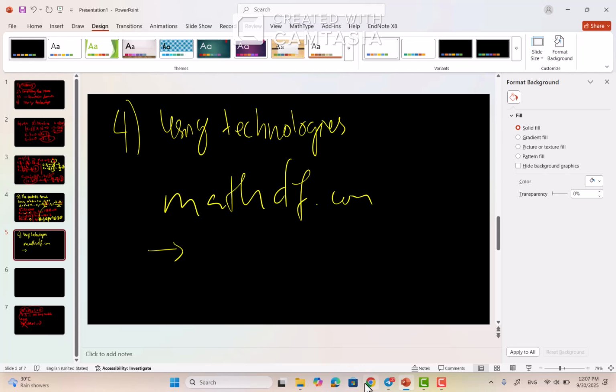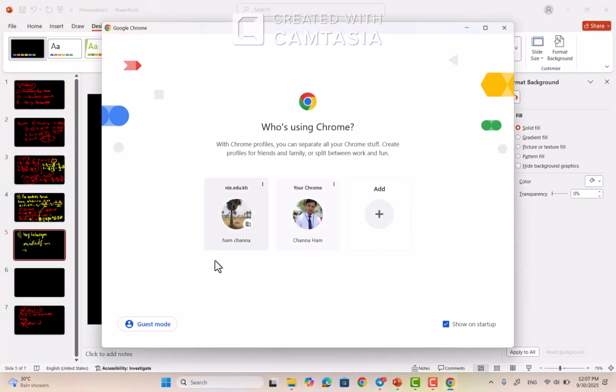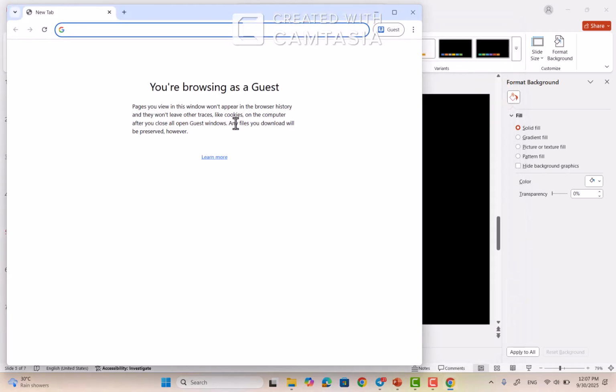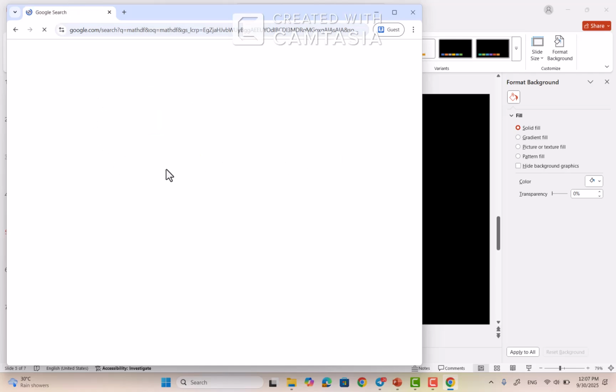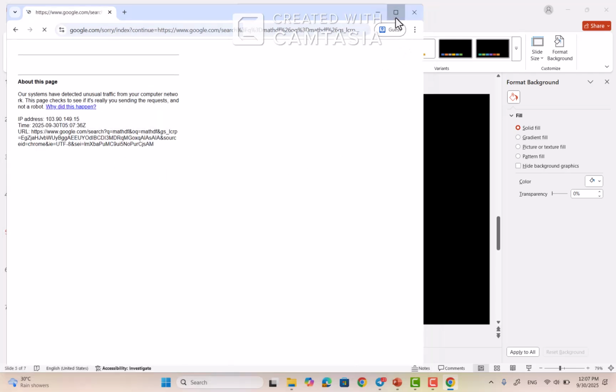We go to Chrome, guest mode, and search for mathsdf. Let's see bigger.